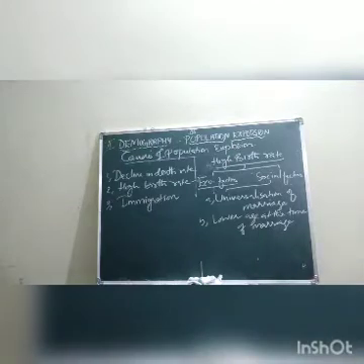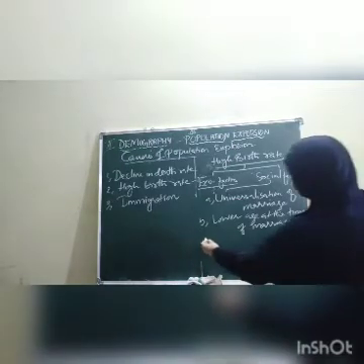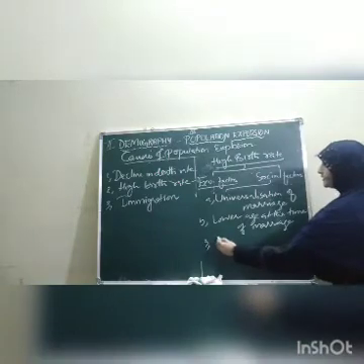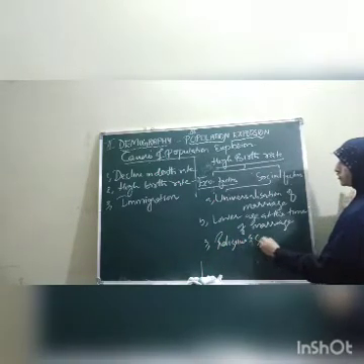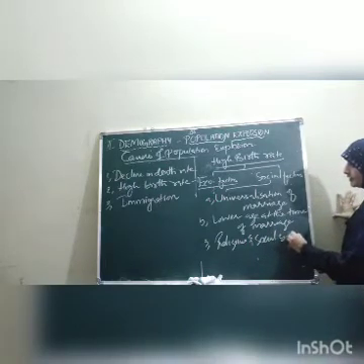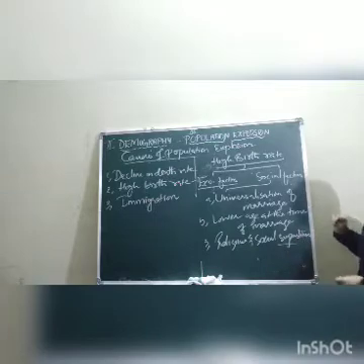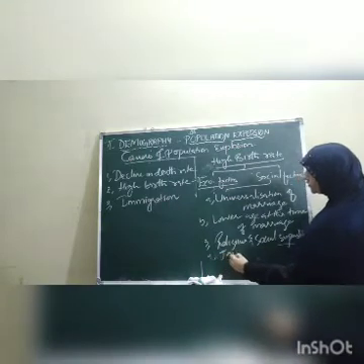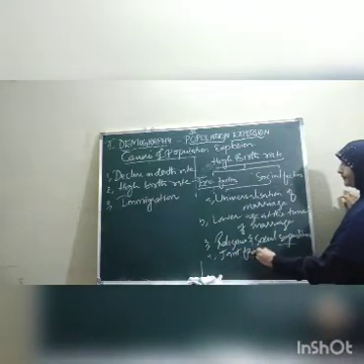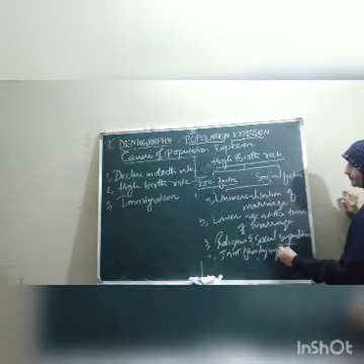The third one is religious and social superstitions. Then the joint family system.